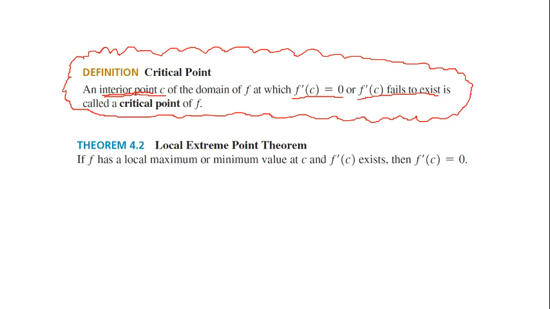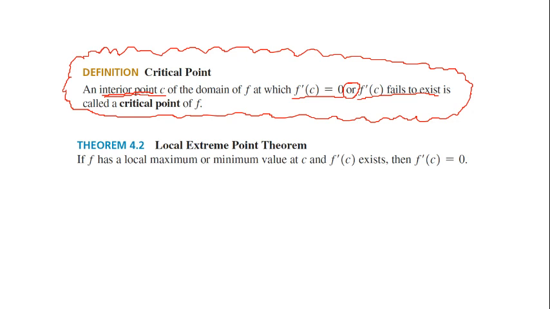So critical points are interior points where the derivative is either equal to 0 or where the derivative fails to exist or is undefined. Those are what are called critical points. So that's the only criteria in order to be a critical point. The first derivative either equals 0 or the first derivative is undefined.